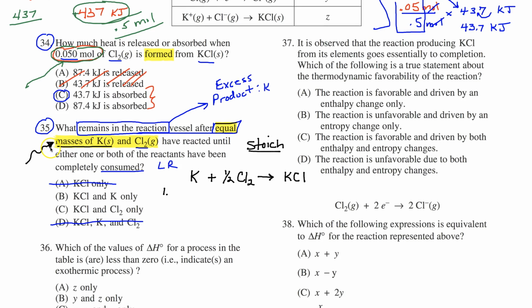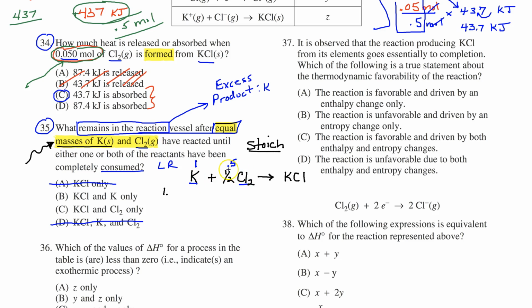Some people can see right away, with a 1 to 0.5 ratio, if we have equal masses. But the best way to do this is to use a mass that's related to its molecular mass. So let's go to the periodic table to look up the mass of potassium and chlorine, because that's really the key here.